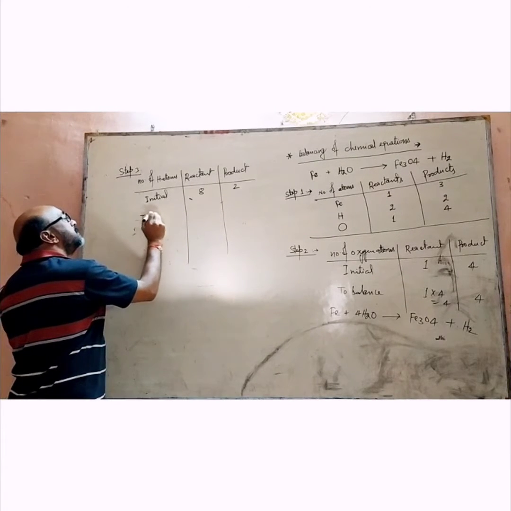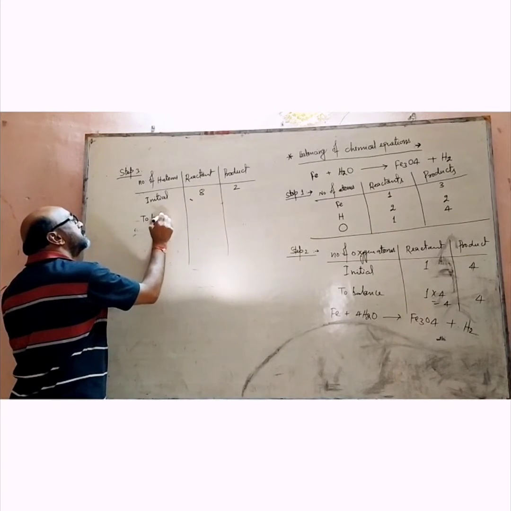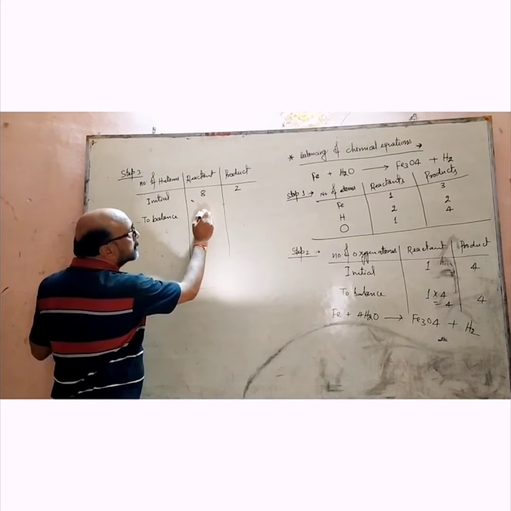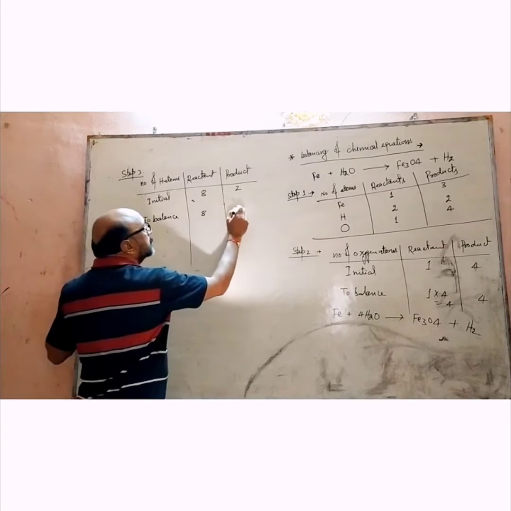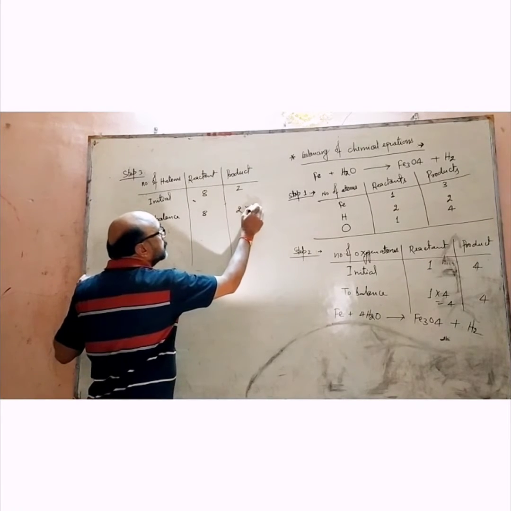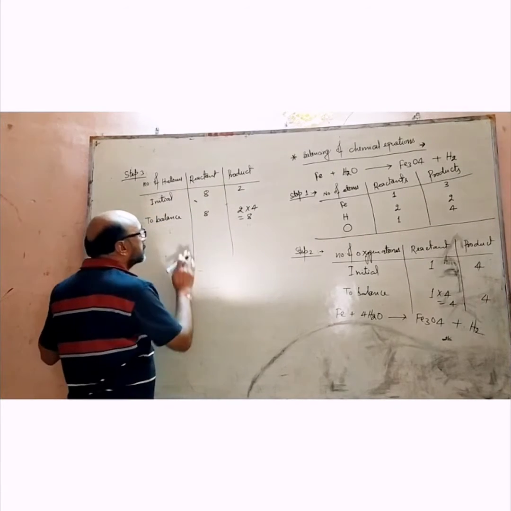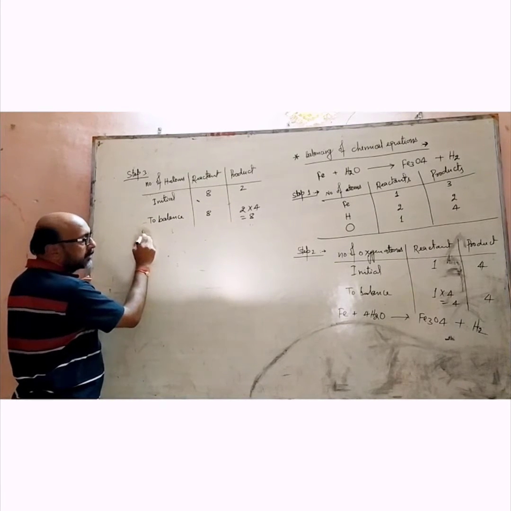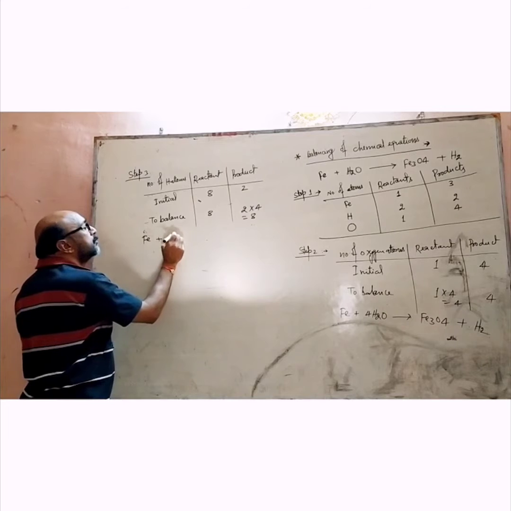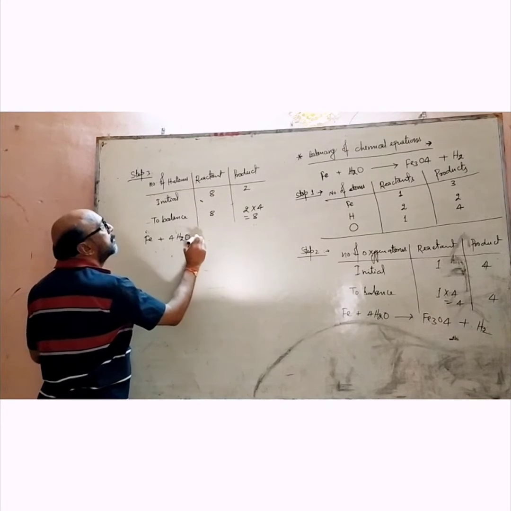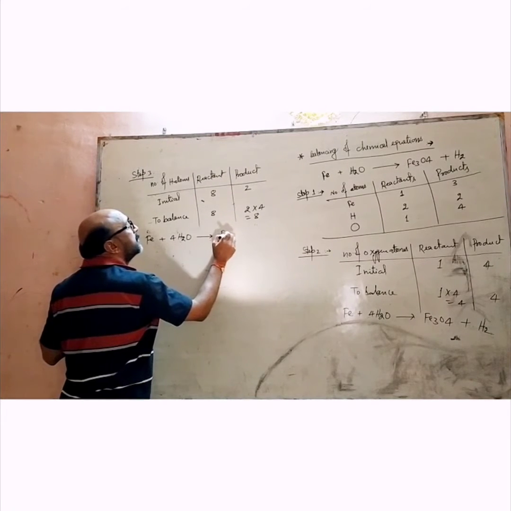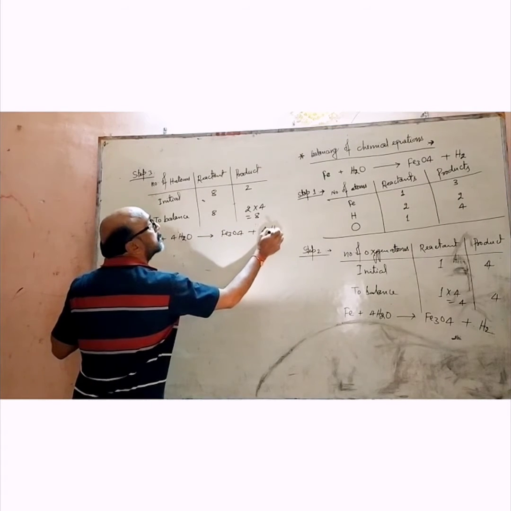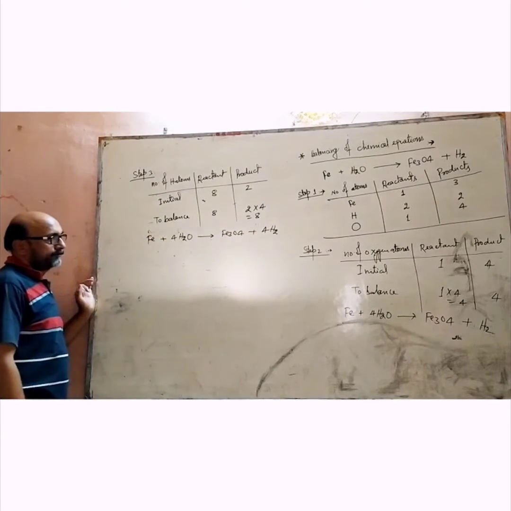To balance, 2 into 4 becomes 8. Then we shall write the equation: Fe plus 4H2O forms Fe3O4 plus 4H2.